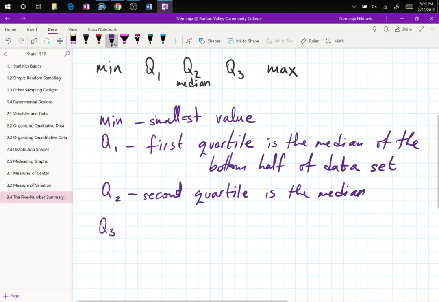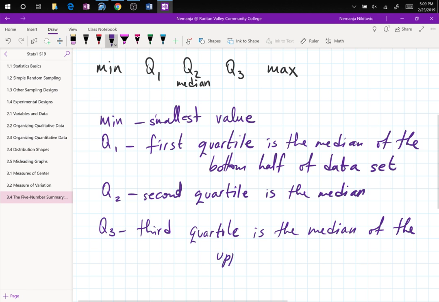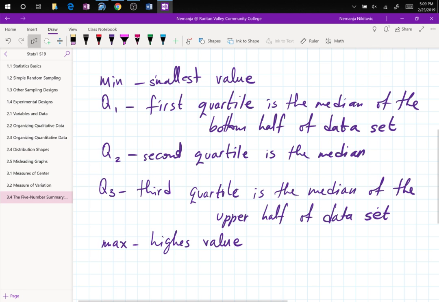Then we have Q3, the third quartile, which is the median of the upper half of the data set. And the max is the highest value of the data set.